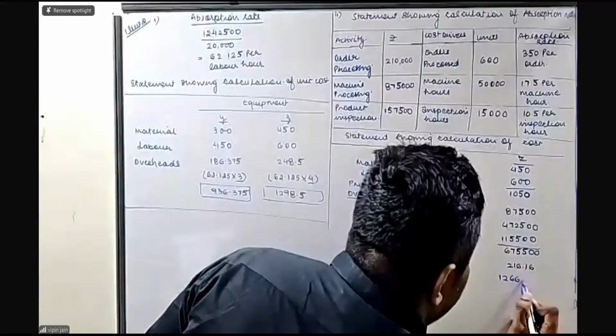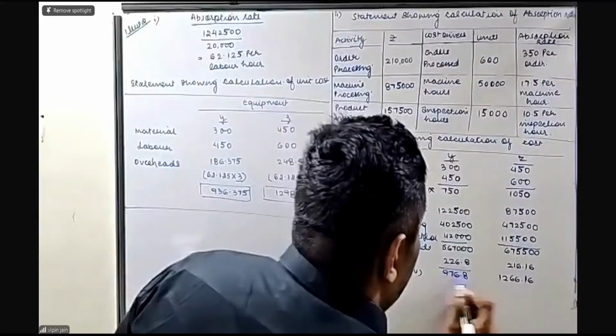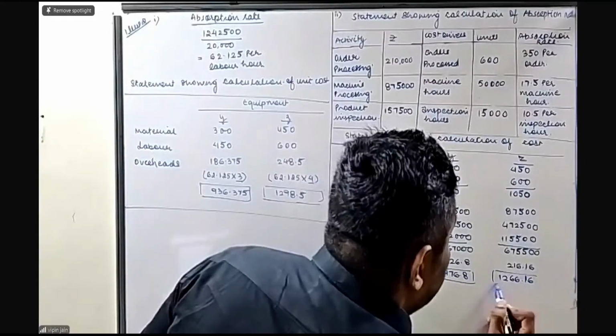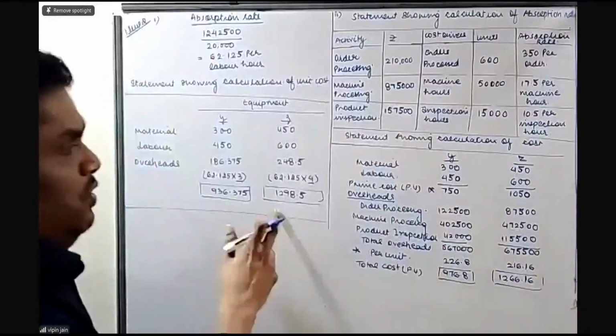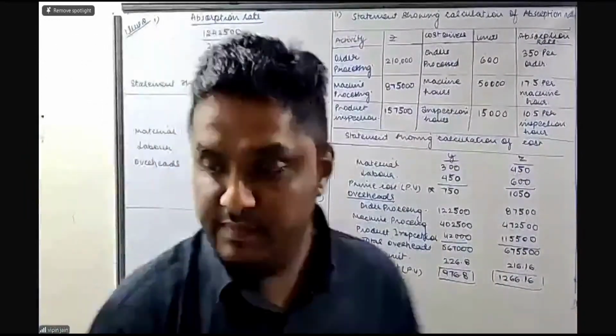And 1,266.16. So this is the cost per unit as per ABC, and this is the cost per unit as per traditional.